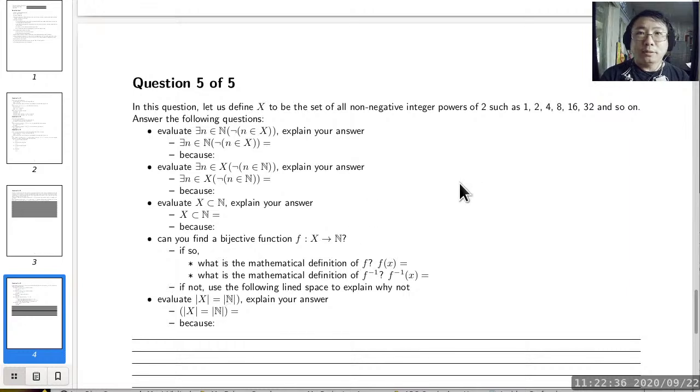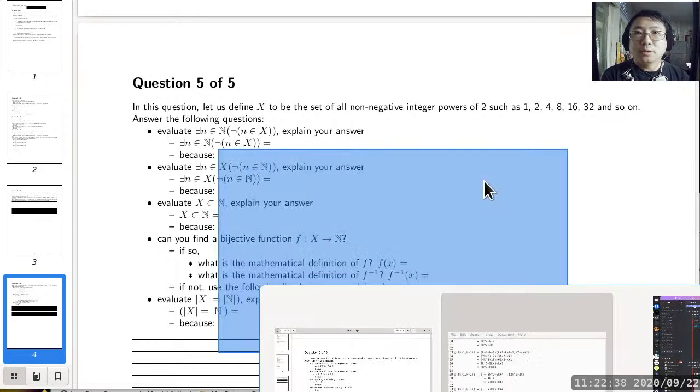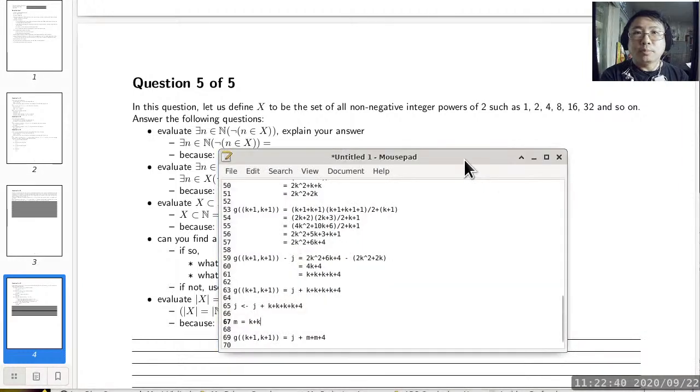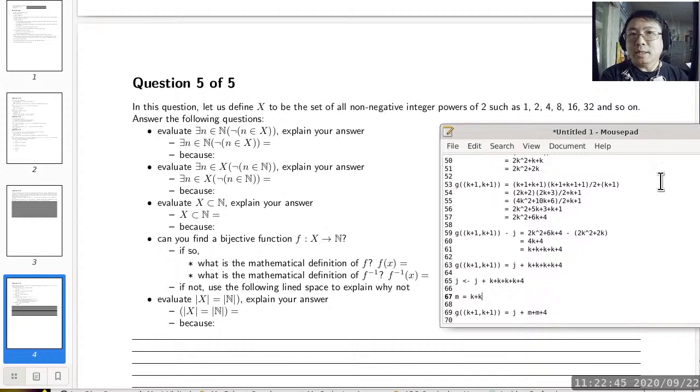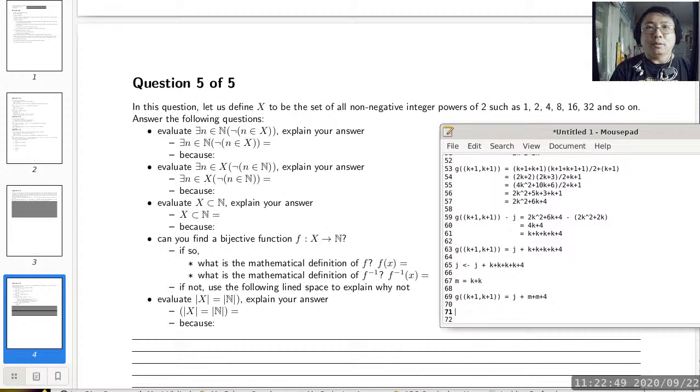So let's go ahead and tackle this question. The scope of this practice exam is identical to what you have for this year, which is good, because we are including everything up to and including cardinality, but excluding relations.